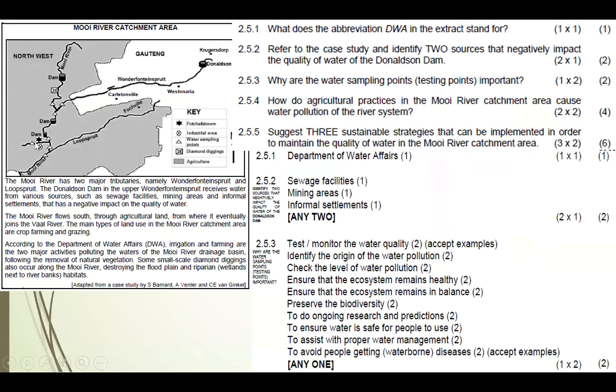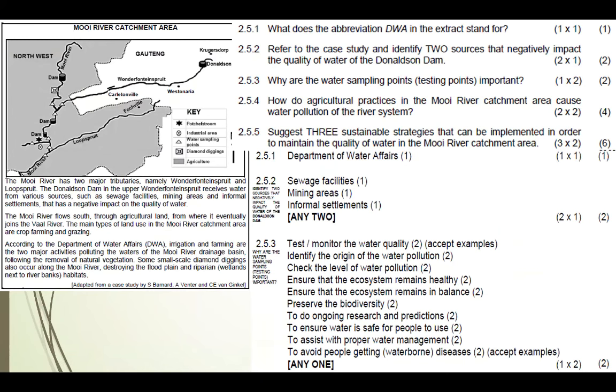And the last question that I want us to look at is river or drainage basin management. This is a common question. I have seen this question in all examination papers from 2021, 2022, 2023, 2024. There was always river management or drainage basin management.